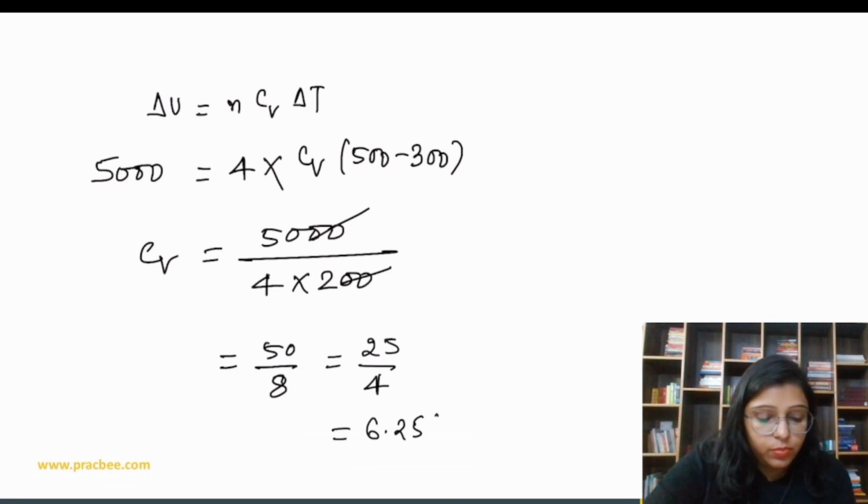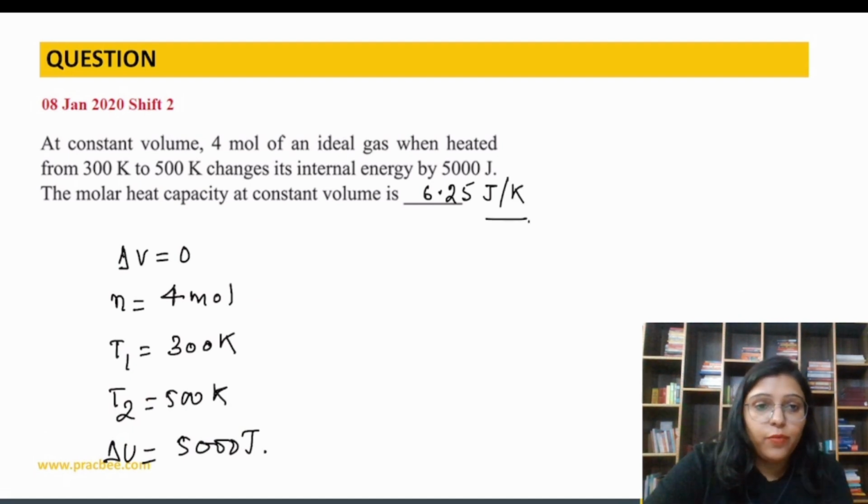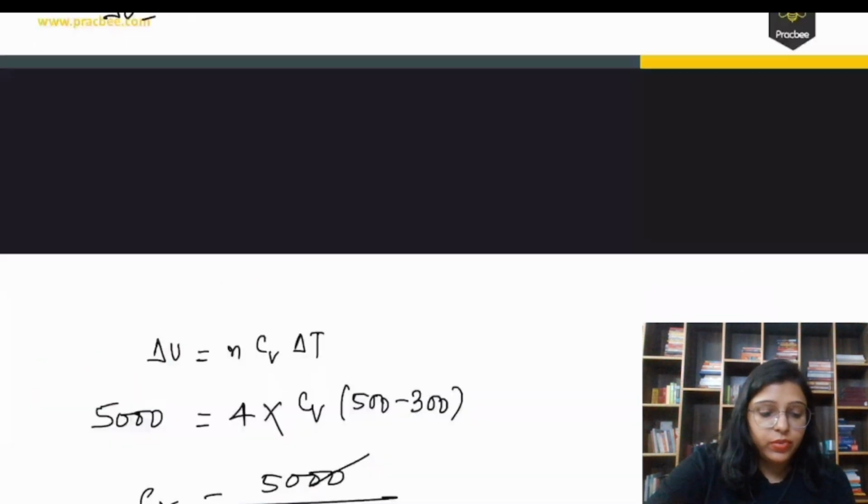So the value of Cv is 6.25 joule per Kelvin. Obviously, you need not write down the units, but the answer is 6.25.